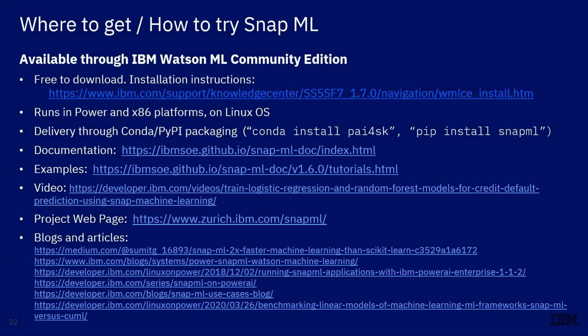You simply subscribe to our Conda channel, and then you can install, say, the Py4sk package using conda install Py4sk. We have packages for Power as well as x86, so this is not IBM specific. You can run on any x86 machine, but right now we're specific to Linux, so we don't provide packages for Mac OS and so on.